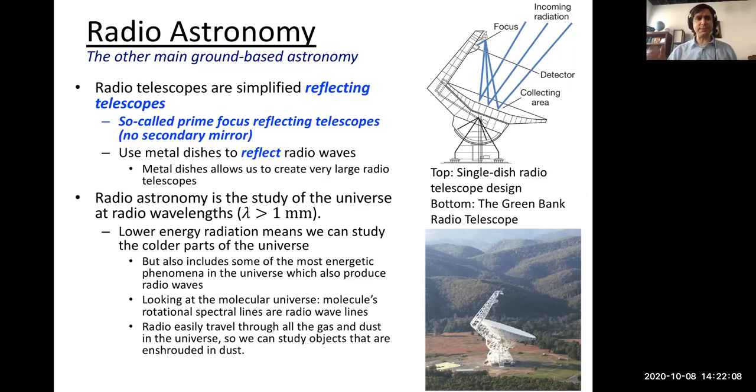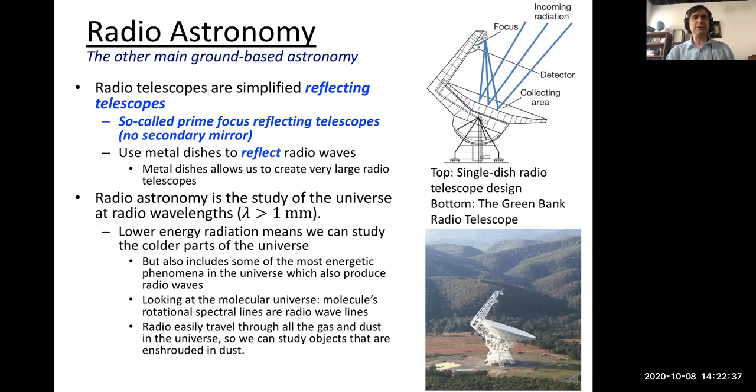If you've ever seen somebody with a satellite dish on the side of their house, many of you probably grew up with one, you actually had a mini radio telescope on the side of your house. Because a radio telescope is essentially a giant metal dish, so radio wave light can reflect off the metal dish. And we don't use a secondary mirror because these radio dishes can be pretty big. We just let the light come to focus pretty much at a detector.